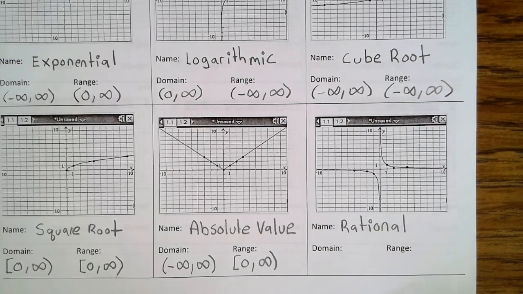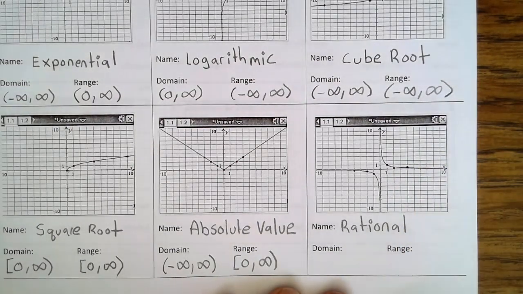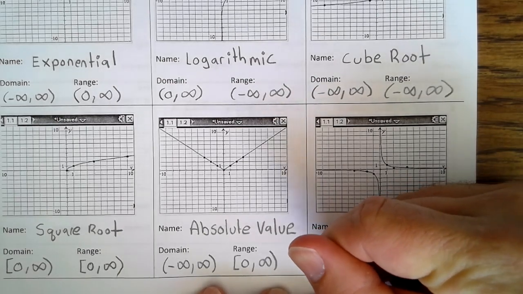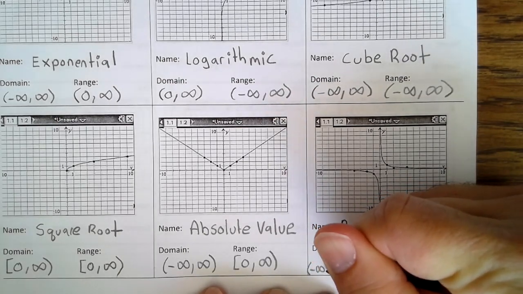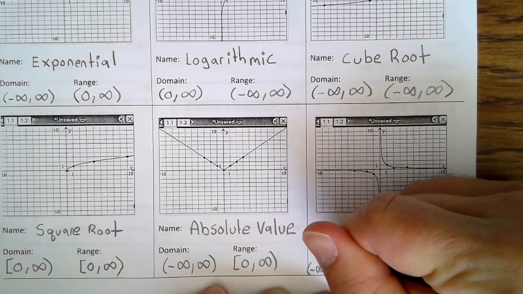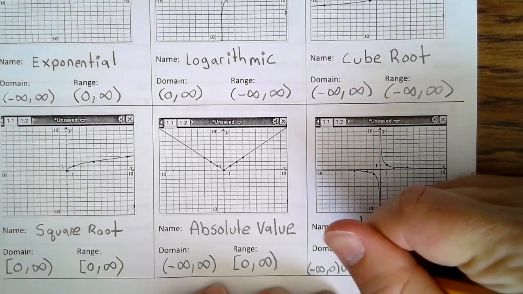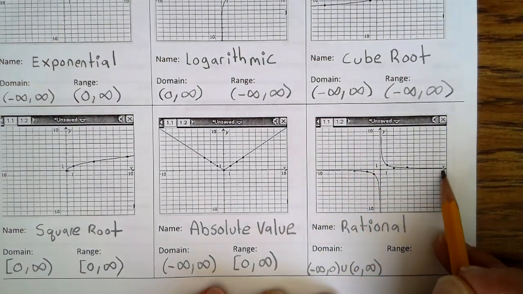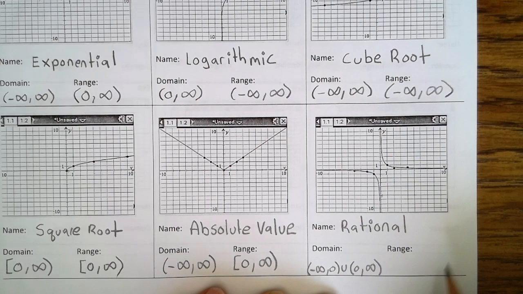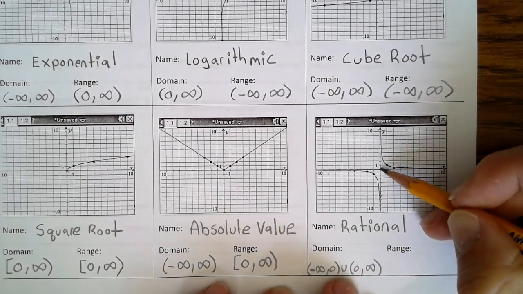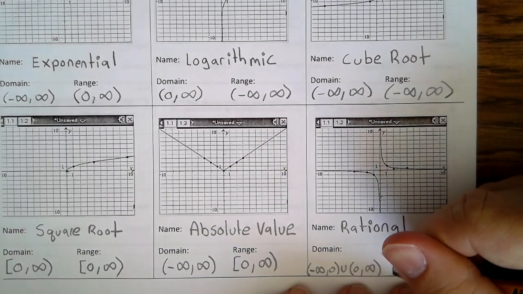This has asymptotes, so the domain is from negative infinity to 0, not including 0, and then 0 to infinity. It's going from negative infinity to positive infinity, but it doesn't include 0. Now the range, same thing, it's going from negative infinity to 0, not including 0, and then 0 to infinity.